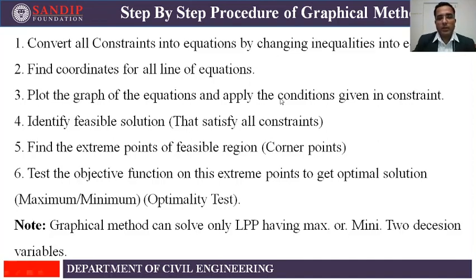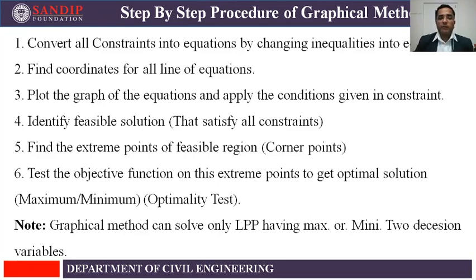In this graphical method, the important point to always remember is that the graphical method can solve only LPP having maximum 2 decision variables. Always keep in mind, a linear programming problem that we solve by the graphical method can be solved only with 2 decision variables.